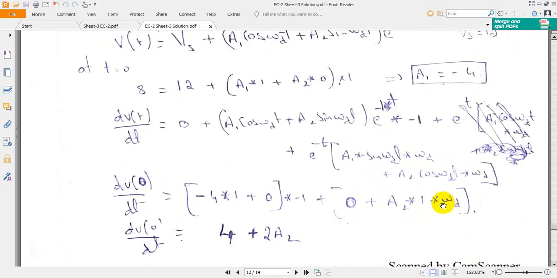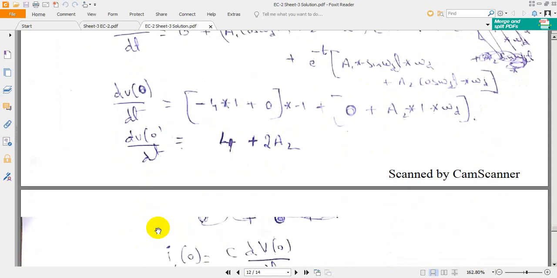Substitute that value, it means 2 A2 plus minus 4 into 1, this value is equal to dV naught by dt.